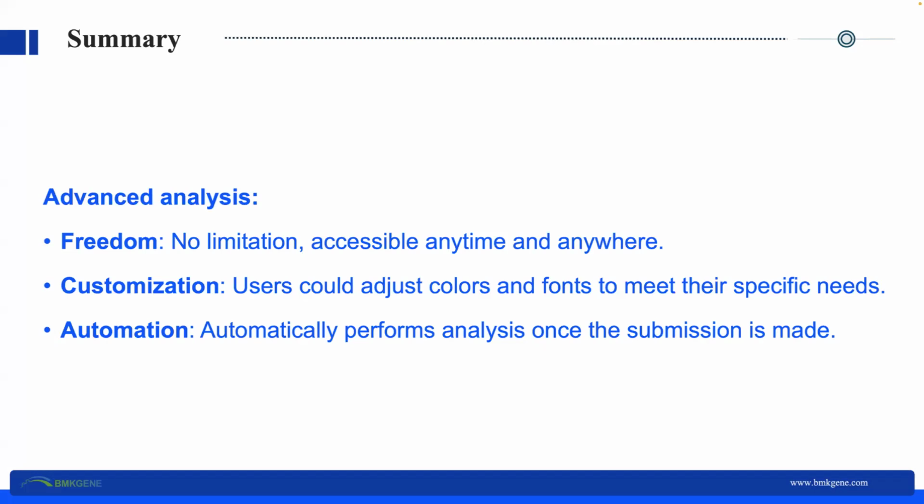And the next characteristic is customization. Users could adjust color and font to meet their specific need. You can change all this by your own. And the third part is automation. BMKCloud can automatically finish the analysis and monitor the analysis.